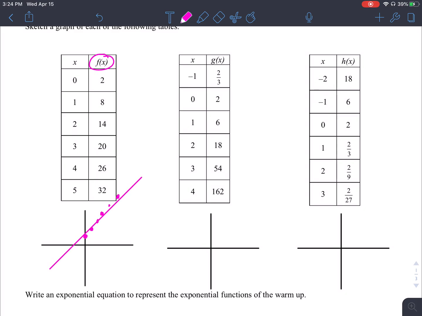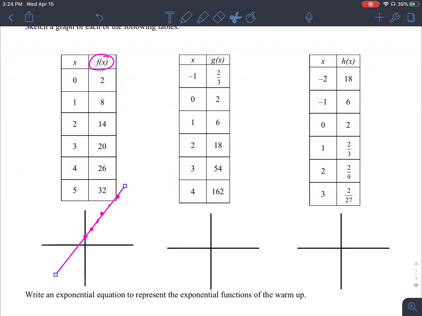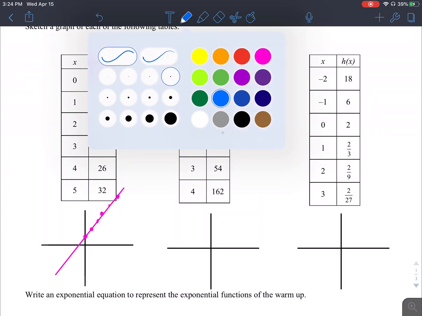So if I were to connect this, it really shouldn't look like an exponential function. It should look more like a linear function that we dealt with first semester and throughout middle school. Okay, so that's what that graph would look like.